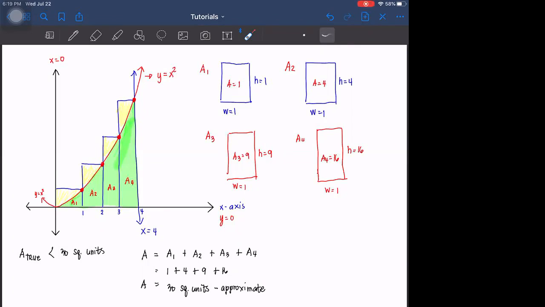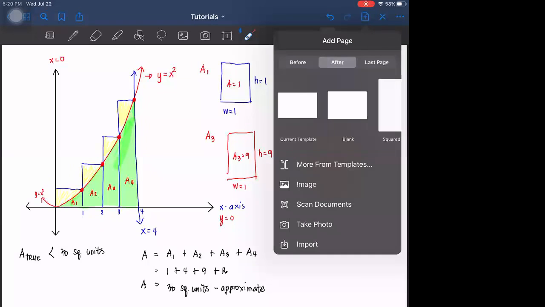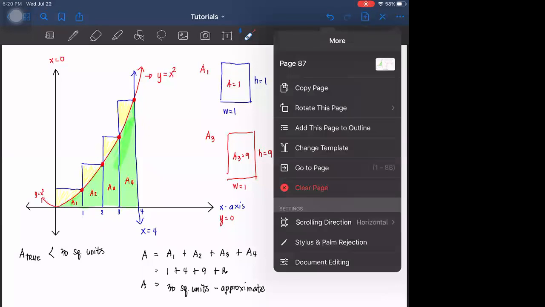Instead of the width being 1, we can go 1/2, or 1/4, 1/8, or 1/16, until the excess becomes very small. How about if we don't let the rectangles go over the curve? What if we make the area just less than the true area?